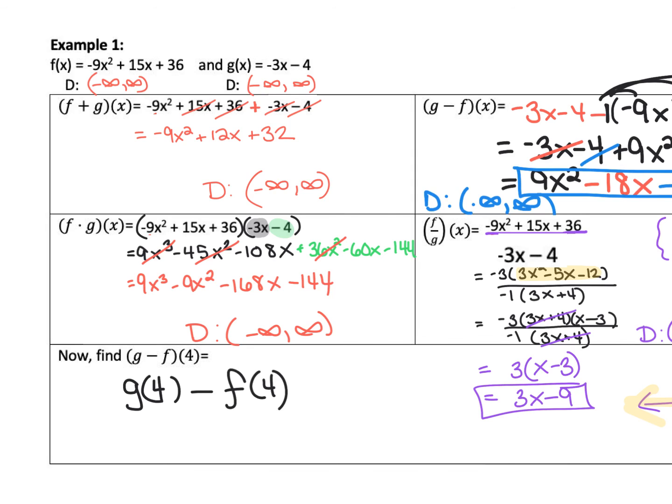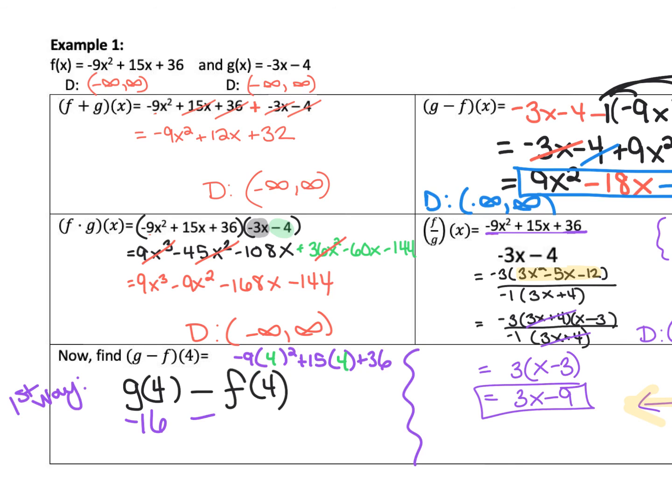All right, so first way, if I plug 4 into g of x, right here I'd have negative 3 times 4 would be negative 12, minus 4 would be negative 16. And then if I plug 4 into this one here, meaning I'm plugging in 4 here and here, I get negative 48.